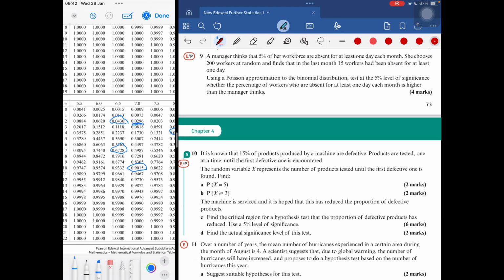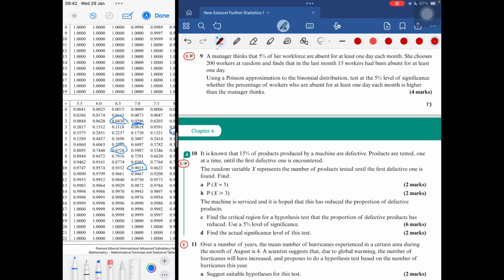And number 9. Managers think that 5% of the workforce are absent for at least 1 day each month. They sample 200 workers at random, and last month 15 workers were absent. Okay, so Poisson approximation. Again, this is Poisson, but it comes from the binomial distribution.